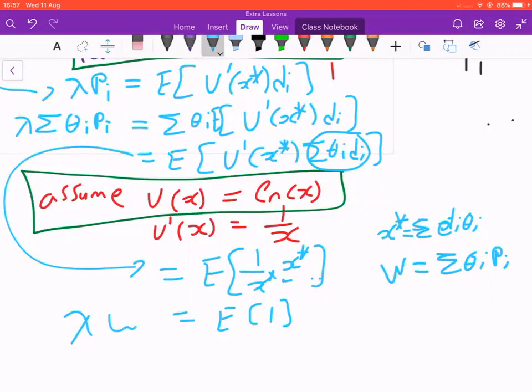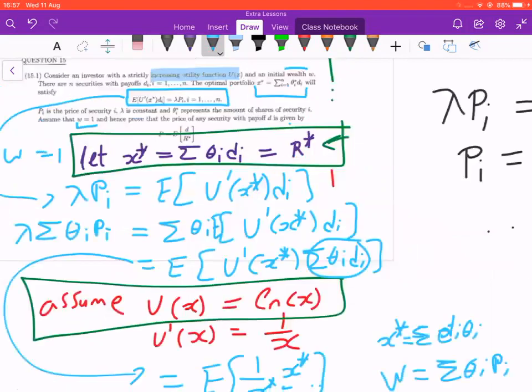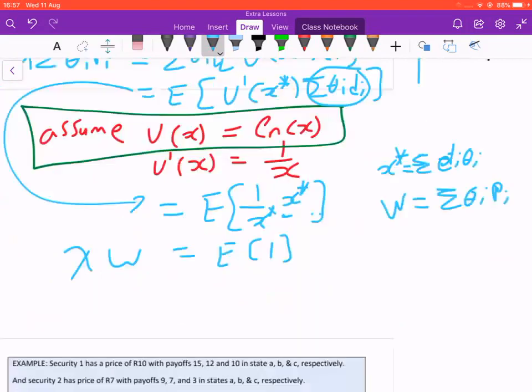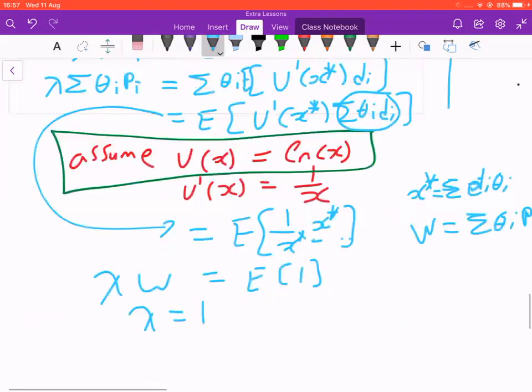So you can just put this thing as W. They told you that W is equal to 1. The wealth is equal to 1, right? So you'll have lambda times 1. The expectation of 1 is just going to be 1 because it's a constant. Fine. You know that lambda is equal to 1.